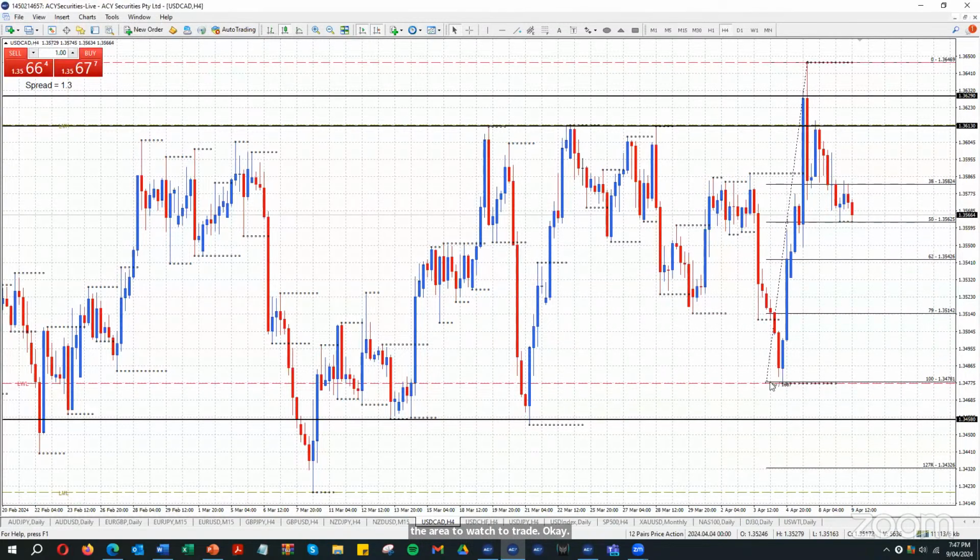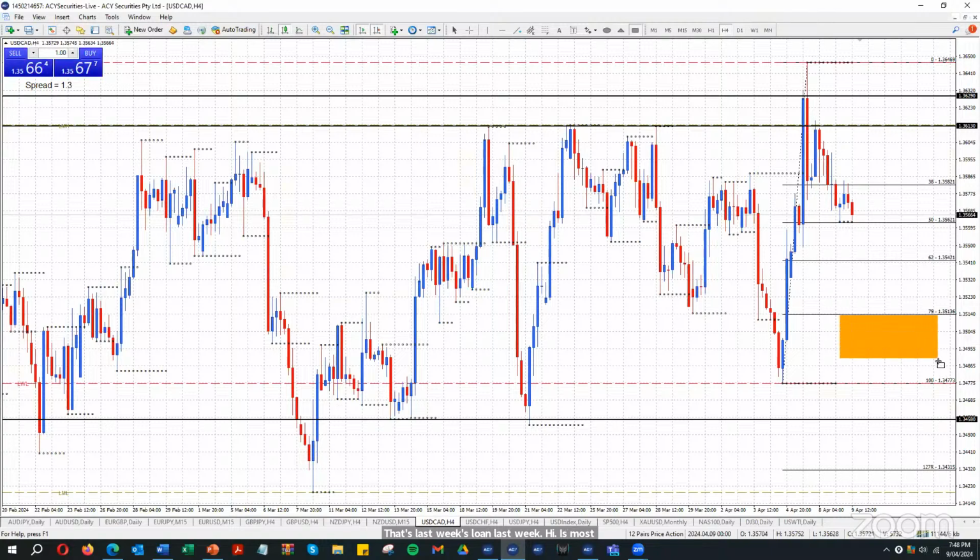Or there's this impulsive move up. That was the new higher bottom I just showed you on the day chart. So that's last week's low, last week's high. Is most definitely this area in the volatility of the news tomorrow.